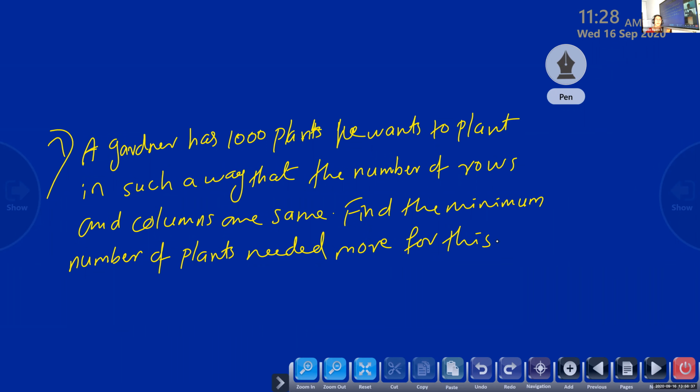So he should add some more plants to get a perfect square number. Actually this question is: what must be added to 1,000 to get a perfect square number? Understood all of you that question? Yes, ma'am. Okay, so this also homework. One more question.